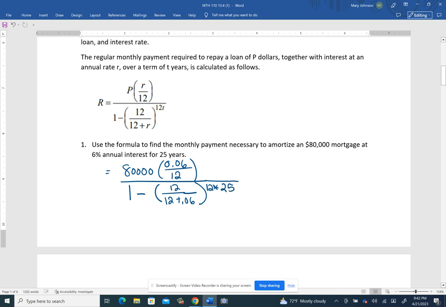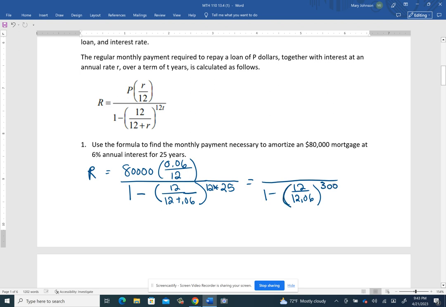So definitely do at least this before you type it into your calculator. On the bottom, you would want to at least say 12 plus 0.06 would be 12.06. And then make sure you do the 12 times the 25, which is 300. And make sure you have your parentheses where you need them.